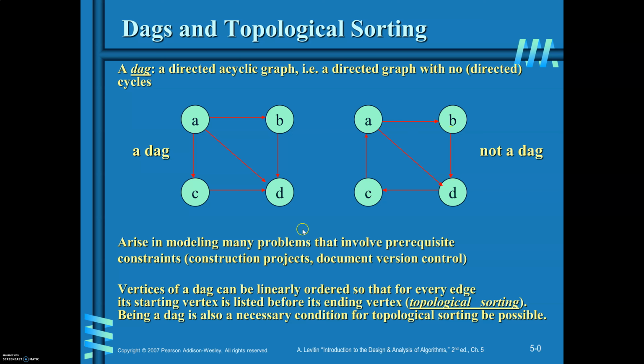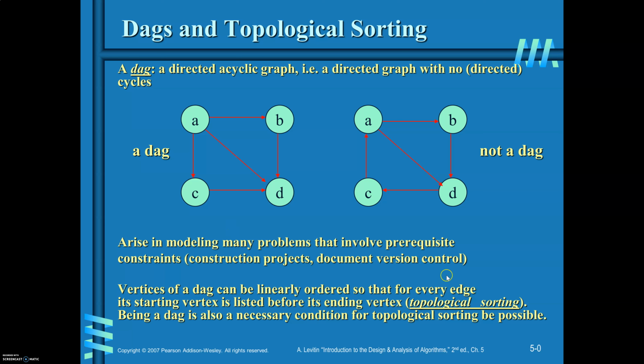Now we'll define what is topological sorting. Vertices of a DAG can be linearly ordered so that for every edge, its starting vertex is listed before its ending vertex. This is topological sorting.